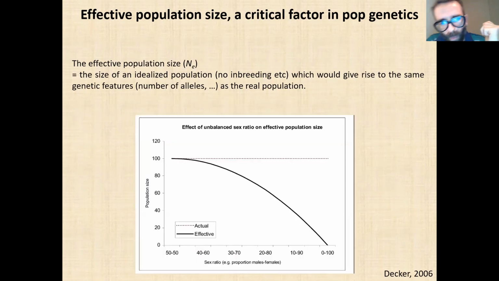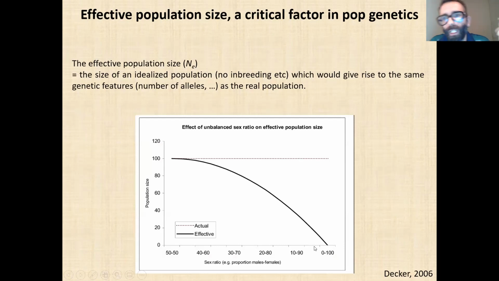And for example, this effective population size decreases, of course, with a bottleneck, but another factor that will decrease the effective population size is the sex ratio. Simple way to put it is, if you look here, you see that for a sex ratio which is 1 to 100, while the actual population remains 100 individuals, the effective population size decreases to close to 0, it's actually 1.